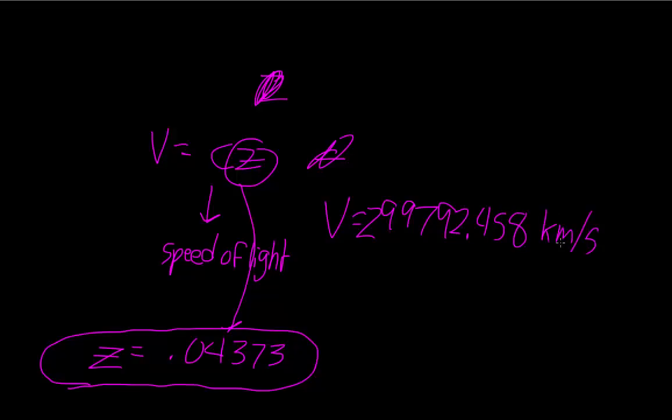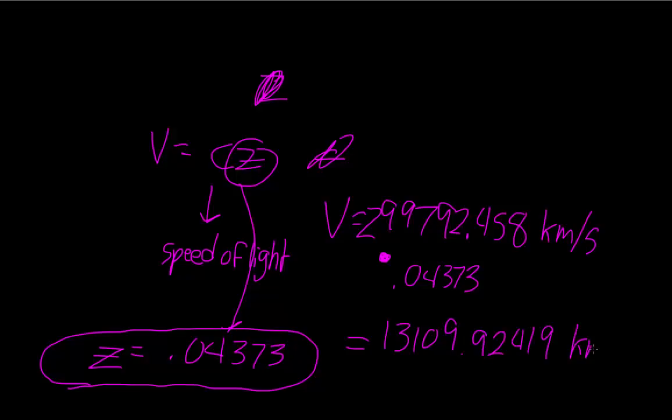That's very precise, but the more precise, the better. Times, we're going to multiply by 0.04373. When we complete that operation, we come up with a velocity of about 13,109.9241 kilometers per second.